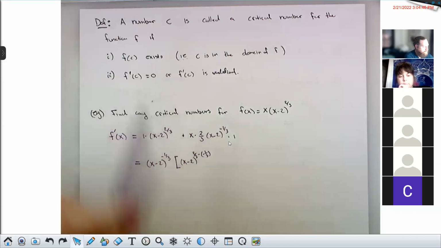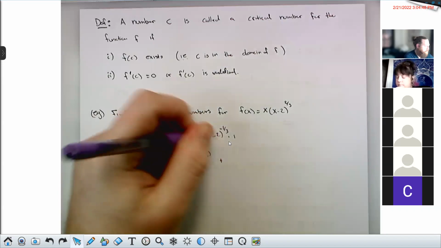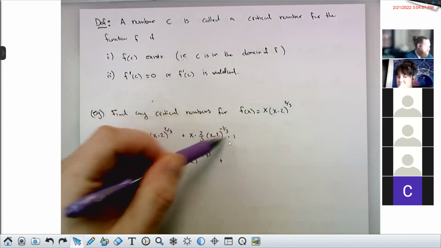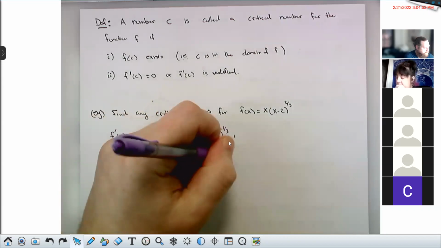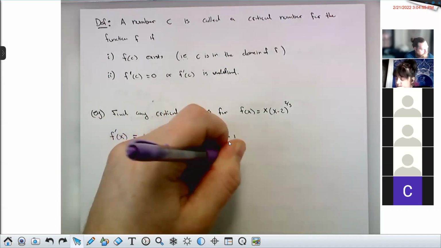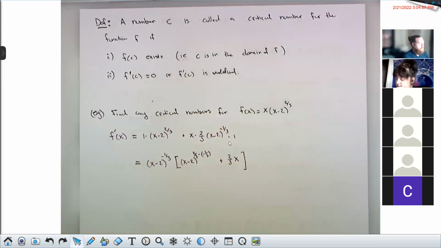In the second term, all that changes is that this factor is gone. I've pulled it out, so it's going to be 2/3 x left over. And you can verify that if you distribute this term back through, you will get the line above. The reason this is so nice is that the two powers here differ by 1.